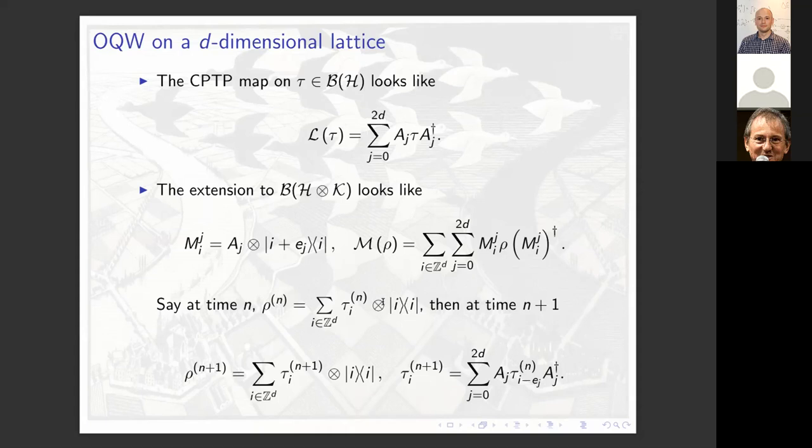Again, no mixing between the different positions. You apply the map M once, and this is what the state then becomes, right? And this tau is given by that sum over there, right? So this is just the map on this d-dimensional lattice, right?